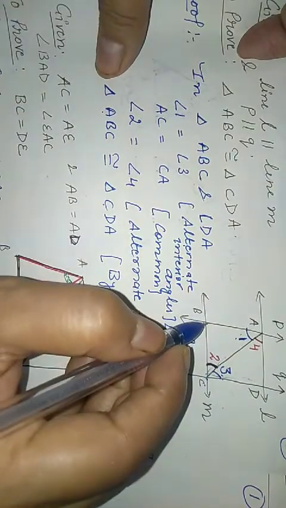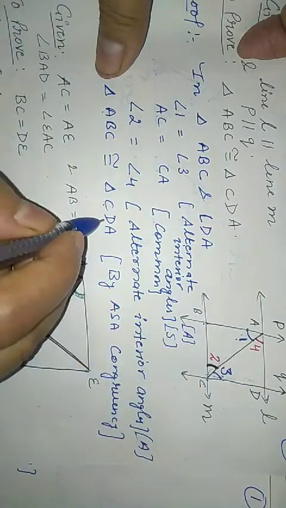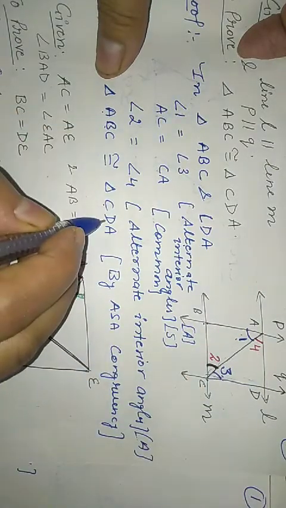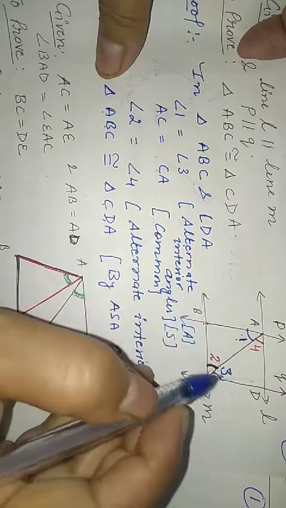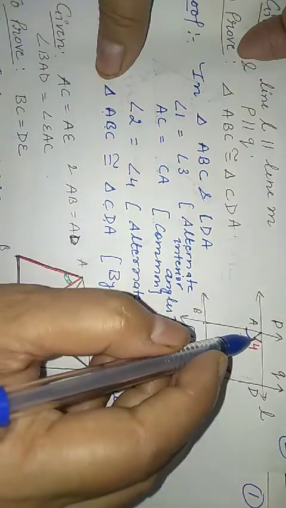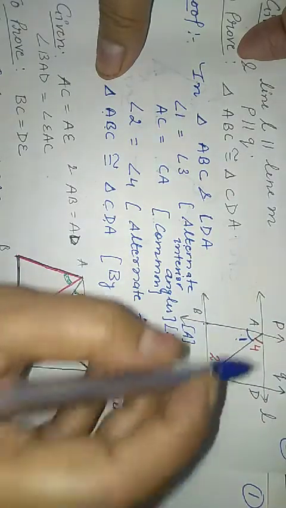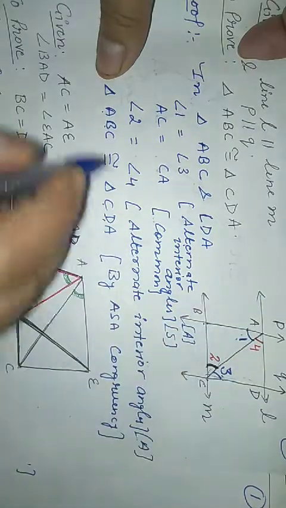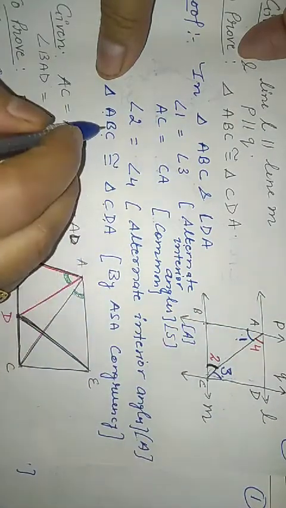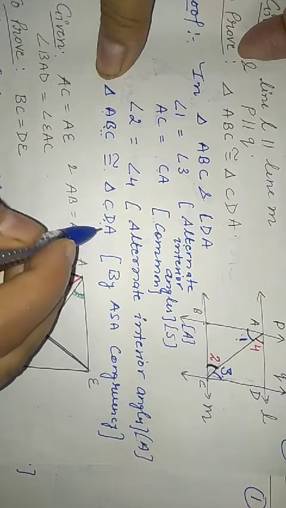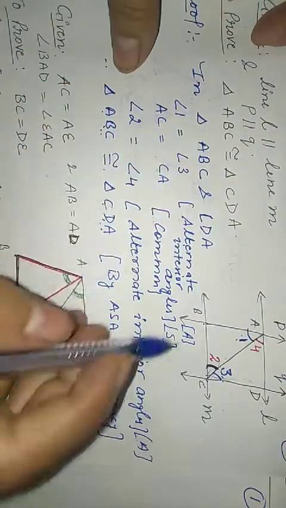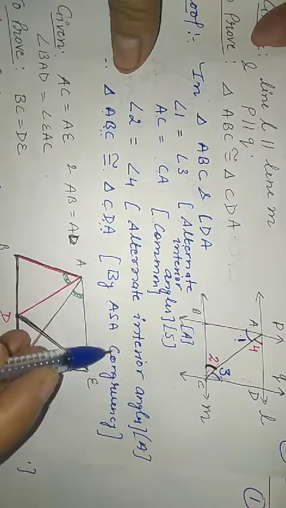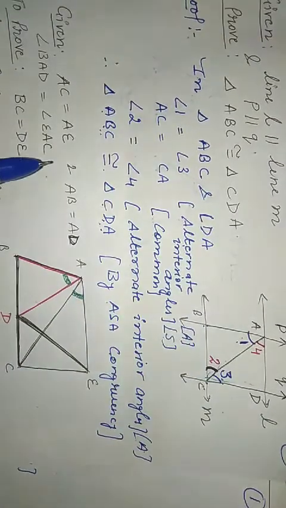Then B is just opposite to D, so we have written B and D at the same places. And C, the second angle, is equal to 4, which is A. So C and A. ABC is congruent to CDA. This naming is very important, but in this question it was given. So by ASA congruency, these two triangles are congruent.